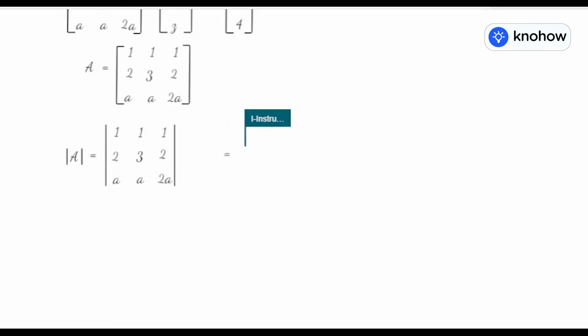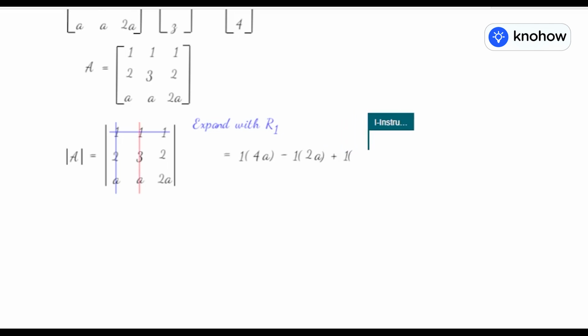So if I work it out with the help of the first row, R1, you get 1 times, delete the row and column through 1, you get 6A minus 2A, that is 4A. 1 times 4A, and minus 1 times, delete the row and column, you get 4A minus 2A, so 2A, and then plus 1 times, delete the row and column through this one, you have 2A minus 3A, that is minus A. So you get 4A minus 2A minus A, that will be equal to A only.